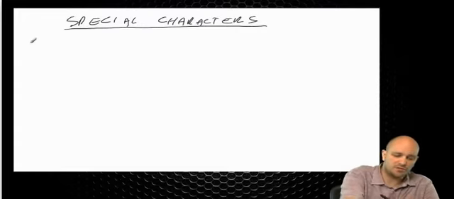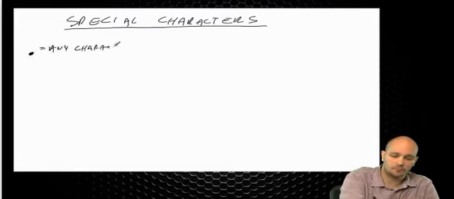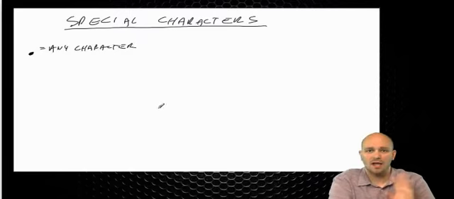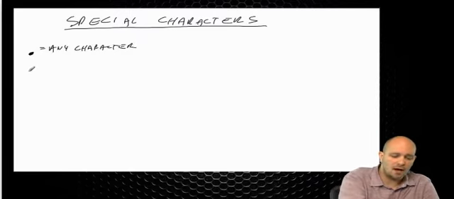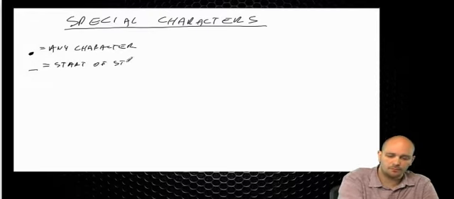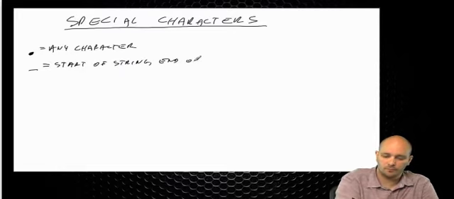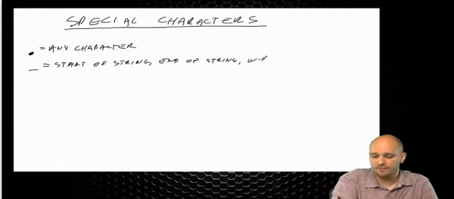Now, the first special character that I'm going to talk about is a simple dot. This simply means any character. So dot will match any single character. Underscore will match start of line or start of string, end of string, or white space.